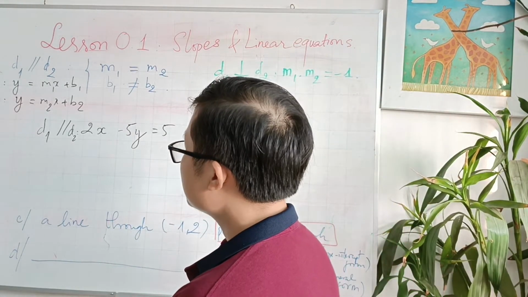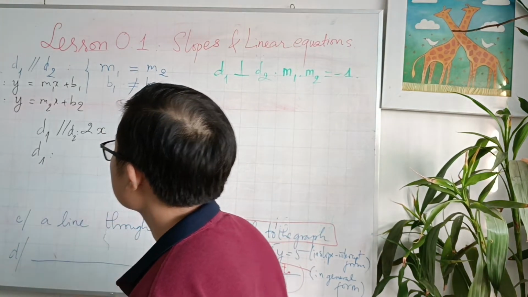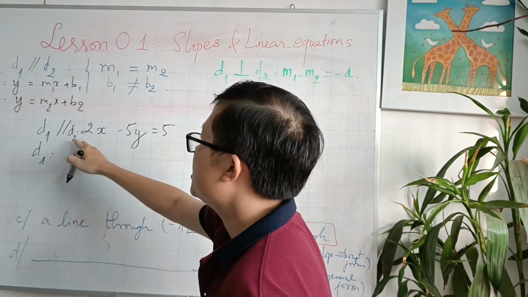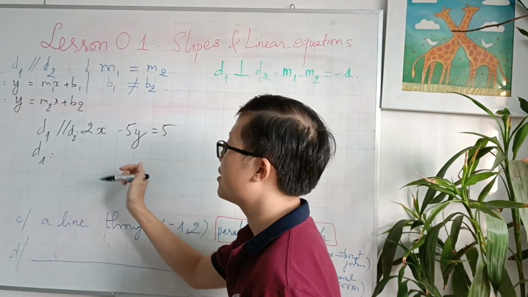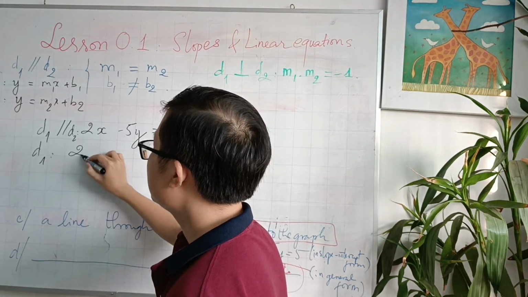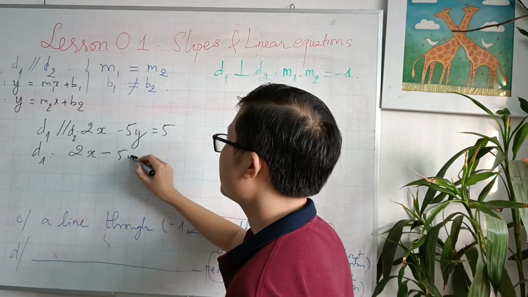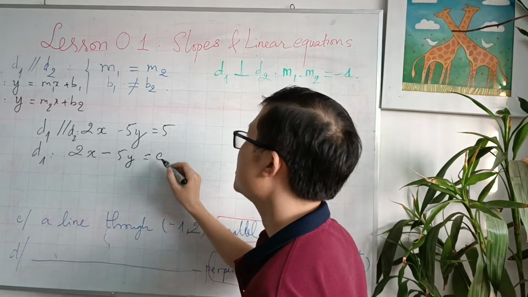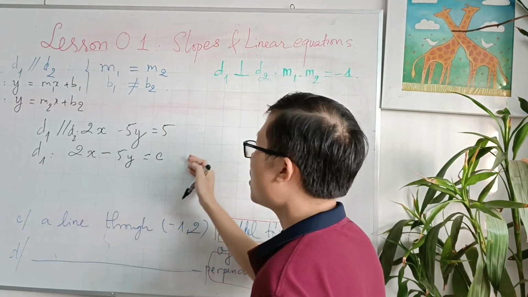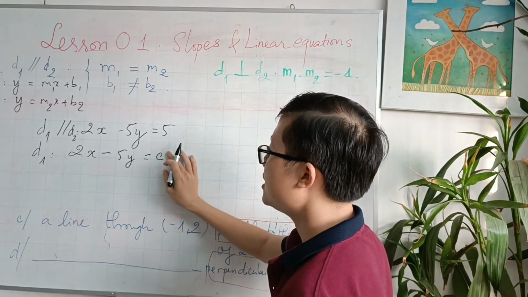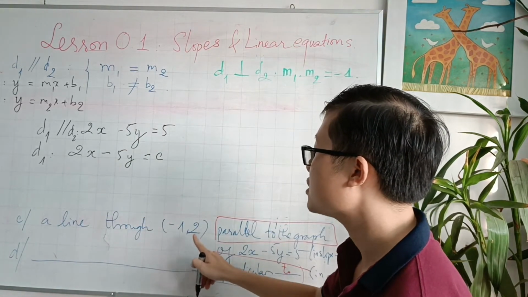It's easy to rewrite the form of D1. Since D1 is parallel to D2, they have the same coefficients before x and y. So D1 is 2x minus 5y equals C, because b1 is not b2, so it is not 5 here, but it is C. And D1 goes through the point (-1, 2).